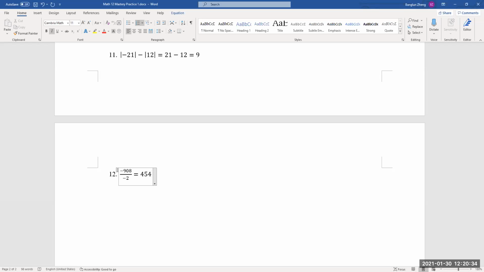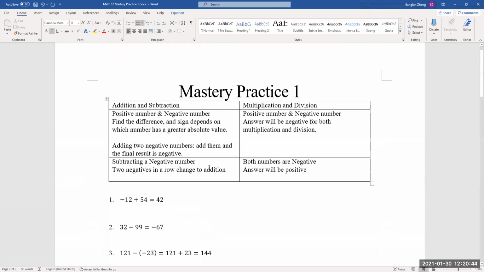Okay, so that is the end of this mastery practice. Please make sure you do the homework and also work on the mastery quiz. You will have 2 weeks on the mastery quiz, but do not wait for the last day. You want to have some days to do a second or third try, or even more if you did not do so well in the first ones.